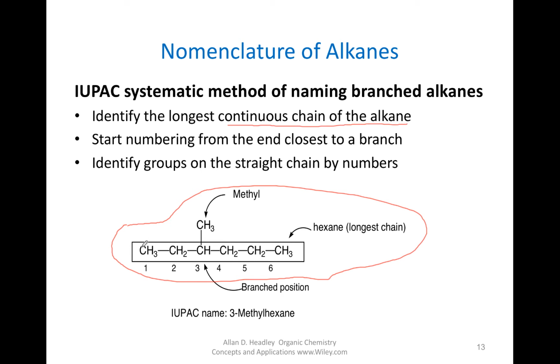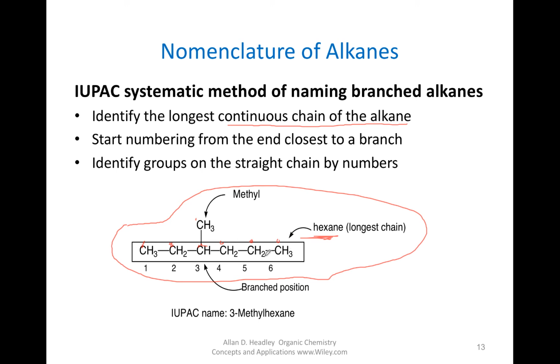So here we have 1, 2, 3, 4, or we could go 1, 2, 3, 4, 5, and 6. So the longest chain is not 4, but it is 6. We name the alkane based on the 6 carbons. 6 carbons corresponds to hexane. So the root name, or the basic starting point of that name, would be hexane.